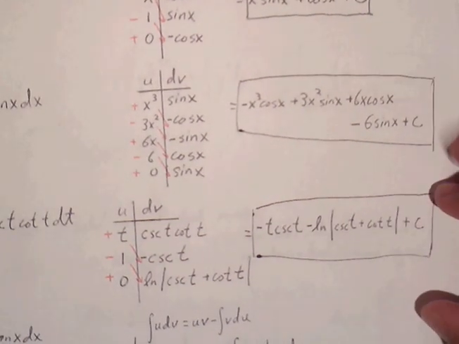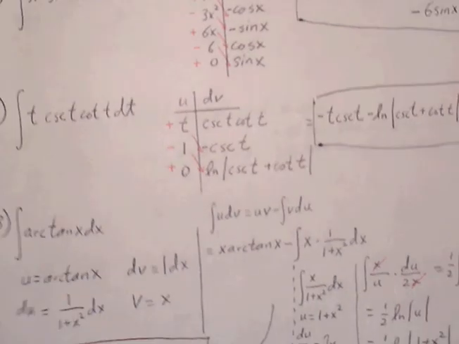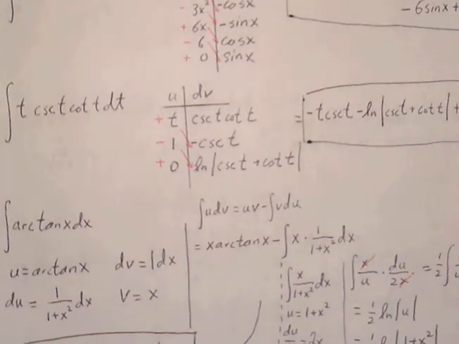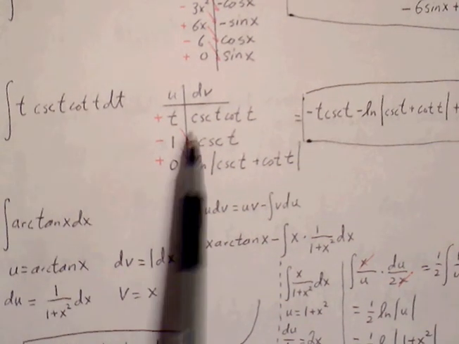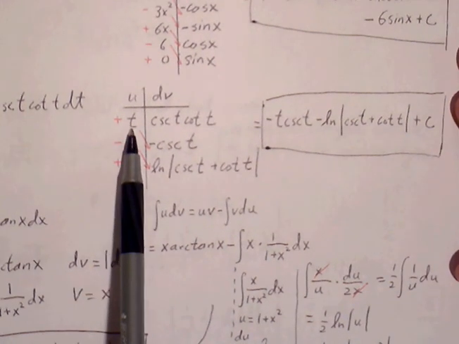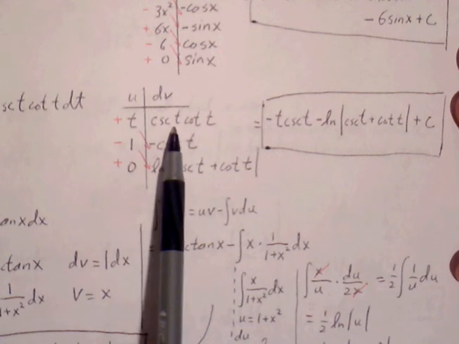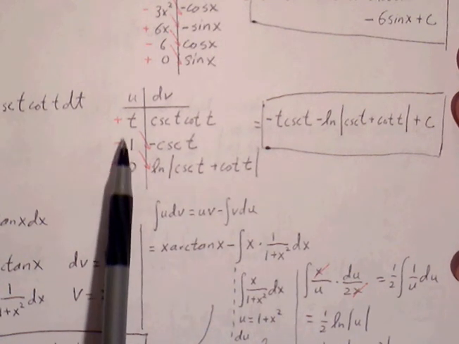Okay, 31. We have integral of t times cosecant of t cotangent of t dt. We have algebraic versus trig. So again, we can go through tab method. So t under the u column, cosecant t cotangent t under dv. And then we can go through and find the derivative.